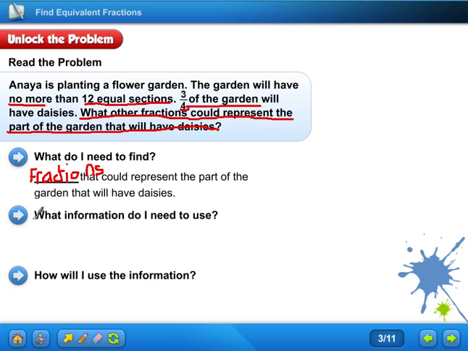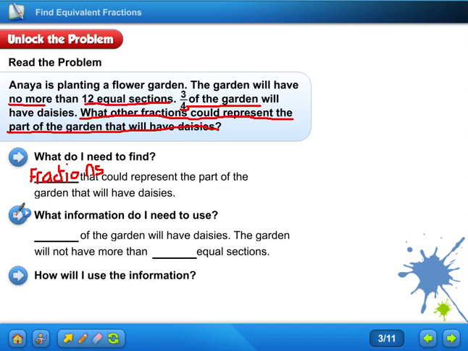All right, next question. What information do I need to use? So what information do I have? Well, I already underlined this right here. 12 equal sections. We know that. There was no more than 12 equal sections. And then we know that 3/4 of the garden will have daisies. Blank of the garden will have daisies.